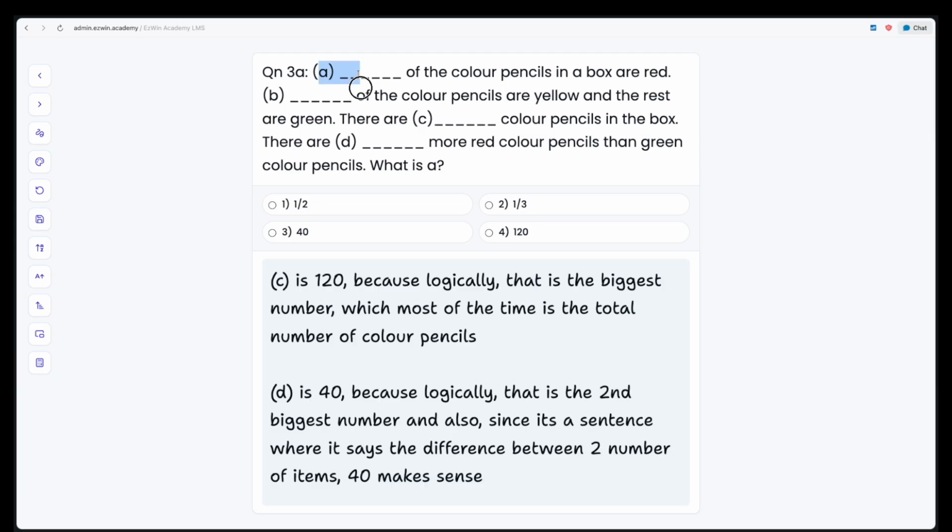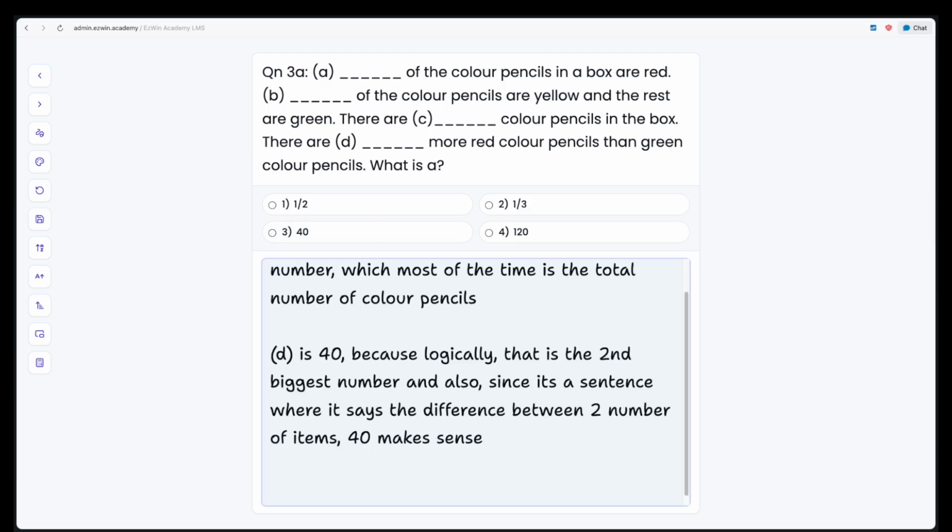So what about A? Of the box, some are red, then some of the color pencils are yellow, and the rest are green. So this is where you can, in a way, guess and check, right? Let's say A is half.